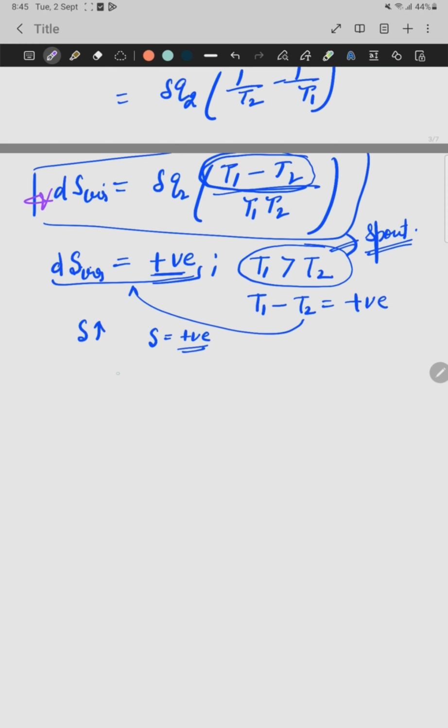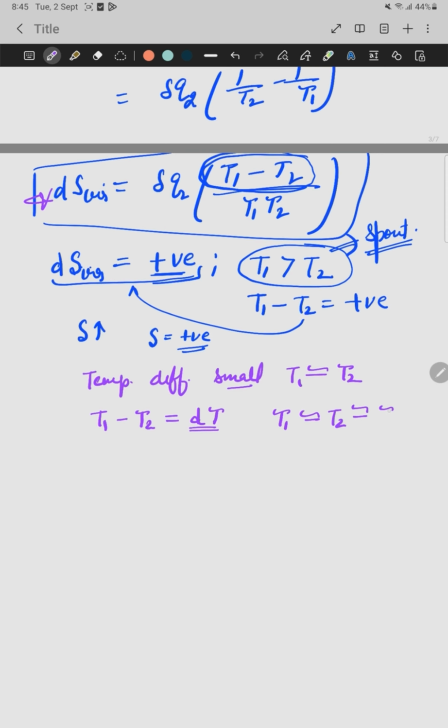Now let us suppose that the temperature difference is very small, meaning T1 is very close to T2, so T1 minus T2 is very small. Let us suppose this difference is represented by dT, and T1 is approximately equal to T2, and both are equal to T. Very small difference, both are almost the same.